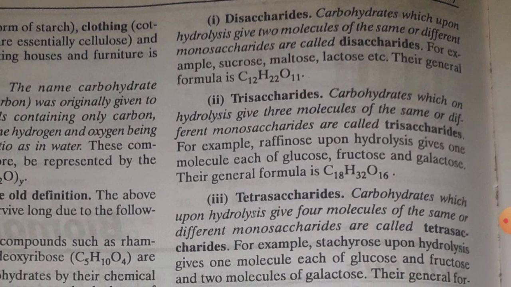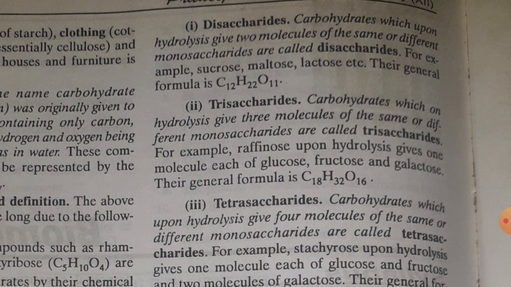The carbohydrates which on hydrolysis give two molecules of the same or different monosaccharides are called disaccharides, and examples are sucrose, maltose, and lactose. These are the examples of disaccharides.